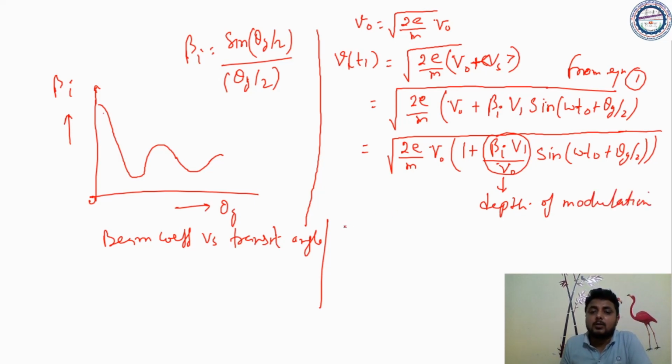Okay. So now we have V of T1, which can be written as the square root of, this term will be nothing but V naught. Already we have equation number 2. So this term is nothing but V naught into (1 plus this depth of modulation).